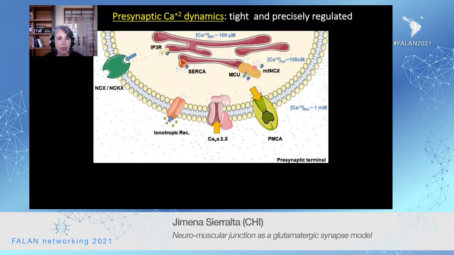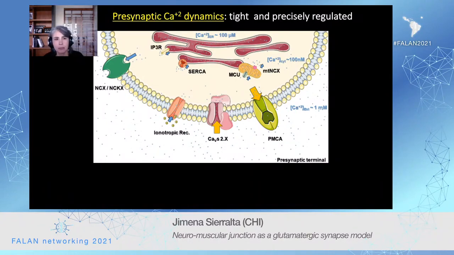The regulation of calcium in the bouton includes the entrance of calcium through the voltage-activated calcium channels, as well as the extrusion of the calcium from the cytosol through plasma membrane carriers like NCX or the pump PMCA, and also through the calcium pump in the endoplasmic reticulum.